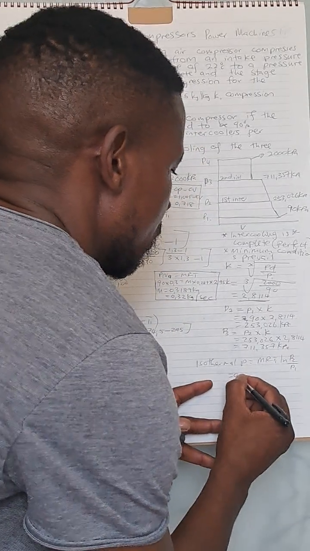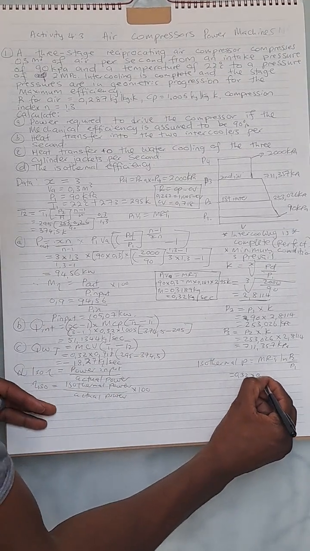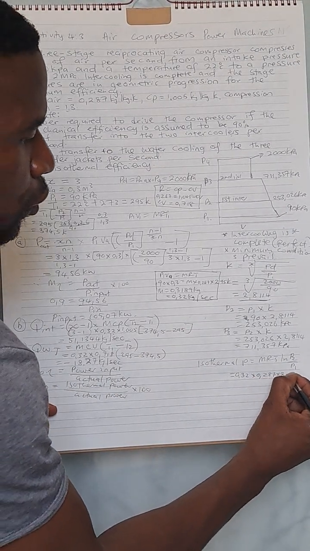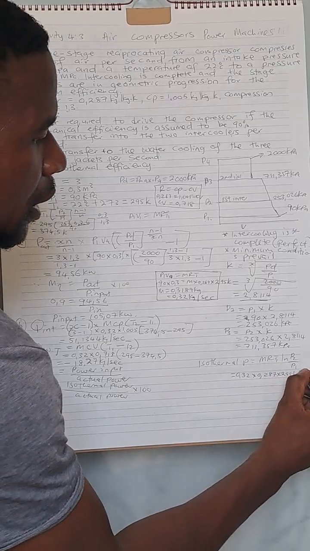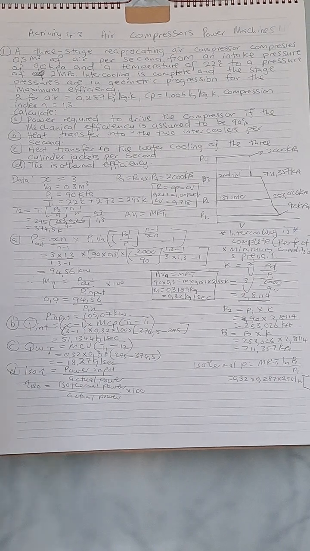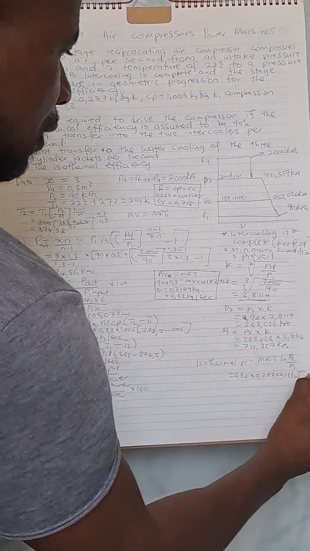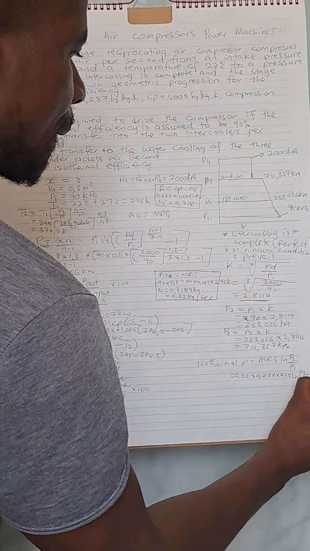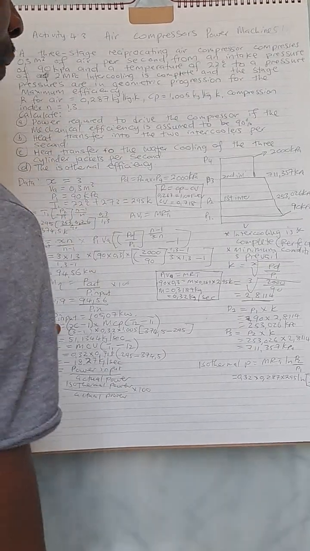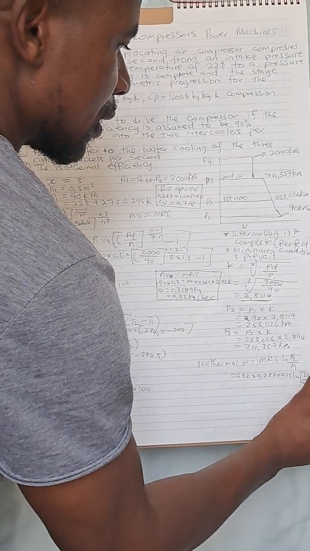Our mass is 0.32, our gas constant was given as 0.287, our T1 is 295, ln of our P2, which we got as 253.026, and our P1 was given as 90.